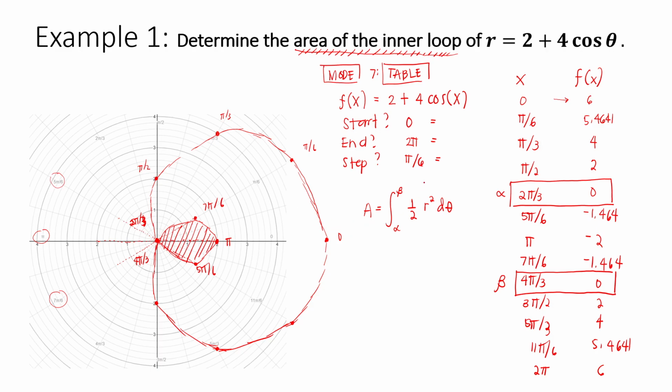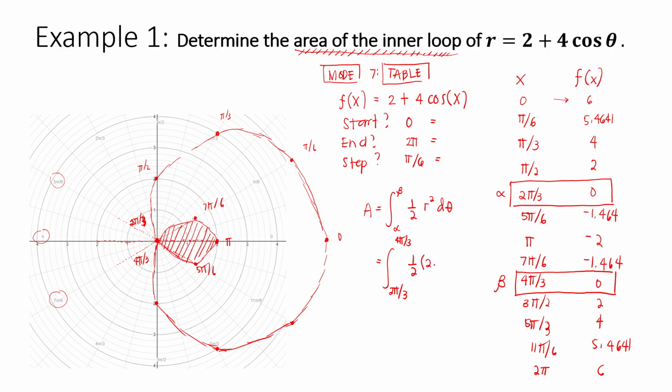So again, since it is only governed by one equation, since we are only solving for one curve, it's super easy. So diretso na siya. So 2/3 pi and then 4/3 pi and then 1/2.